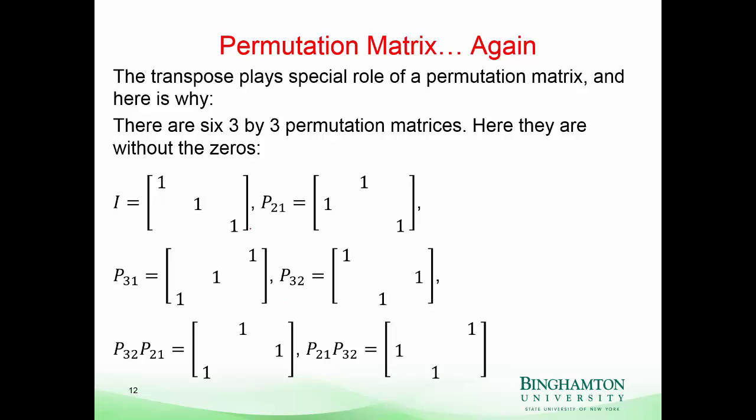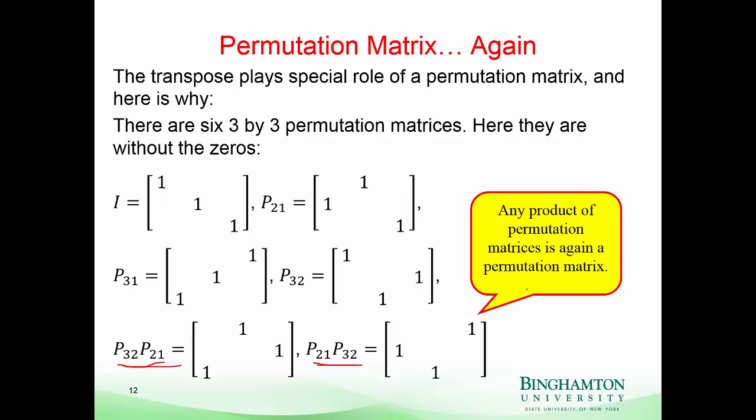And you'll notice that I'm really just writing these last 2 in terms of multiplication of 2 of the previous. So I've got P21 times P32, and then just the reverse of that. So in general, and I think it's pretty obvious, any permutation matrix can be formed through the product of 2 other permutations.